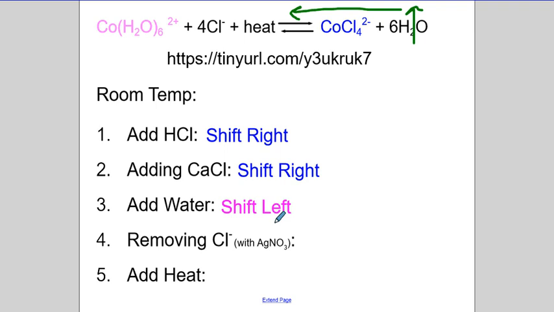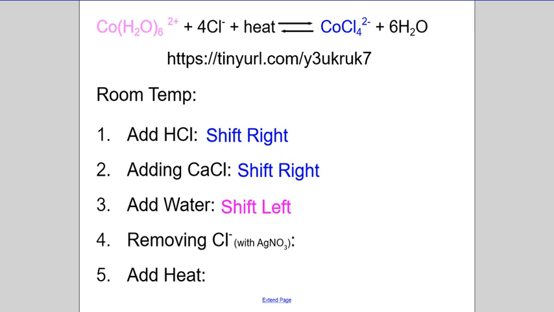So that blue test tube goes to being pink. Honestly, he could have just used the test tube from number one, added water to it, and shifted it back to being pink. You could just keep using the same test tube, and so long as you still have room in that test tube to add stuff, you could bounce back and forth between the 2 different colors. So that's what happens there.